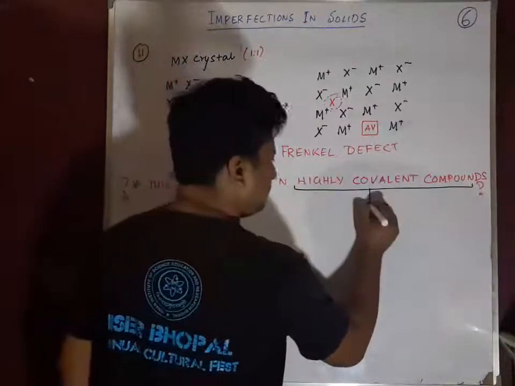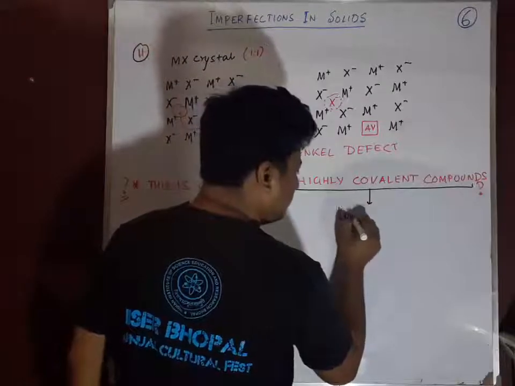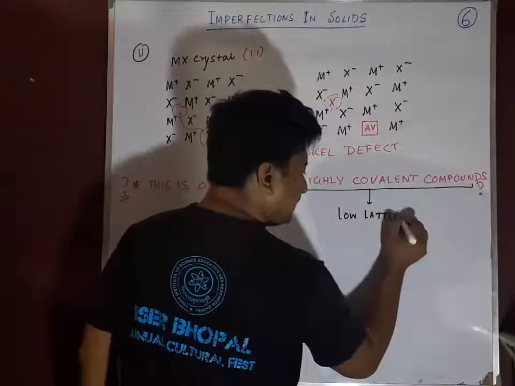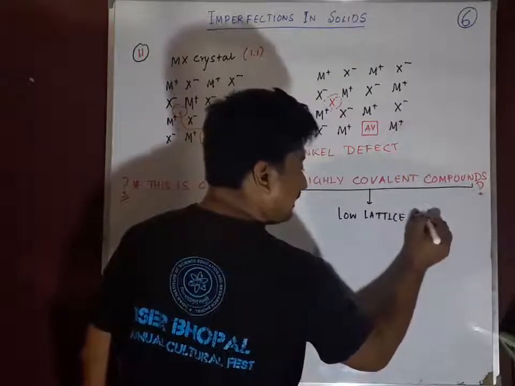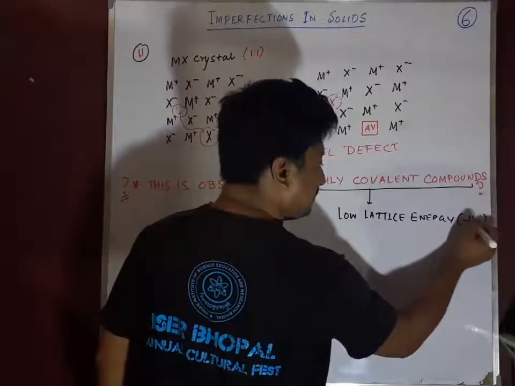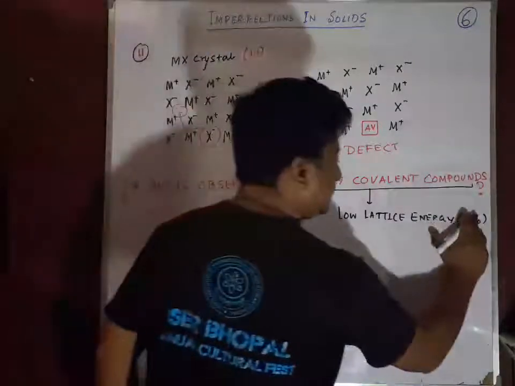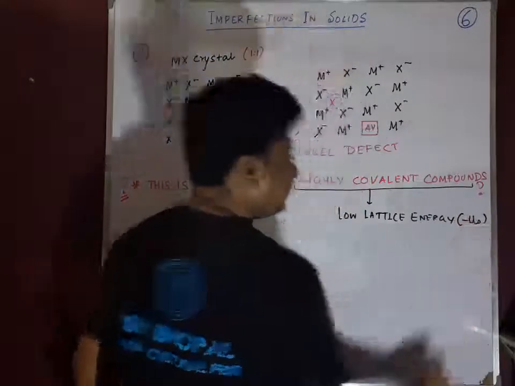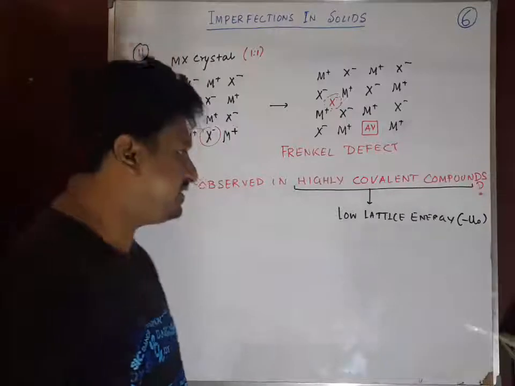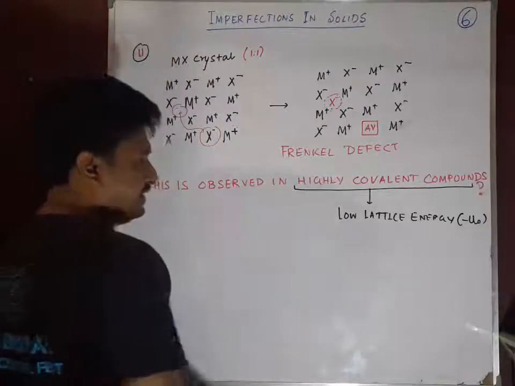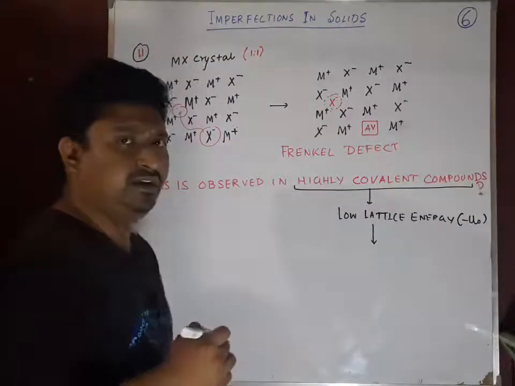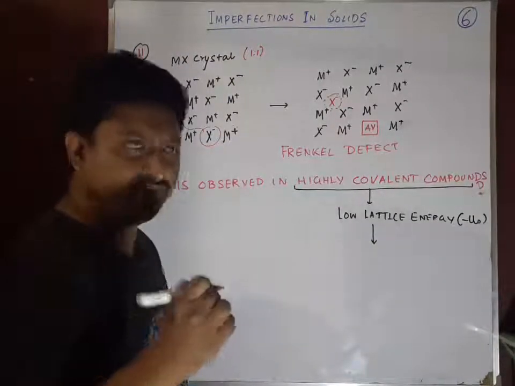So it will be a low lattice energy, a low value of lattice energy, comparatively low. That means if the lattice energy is low, then the packing will be inefficient.